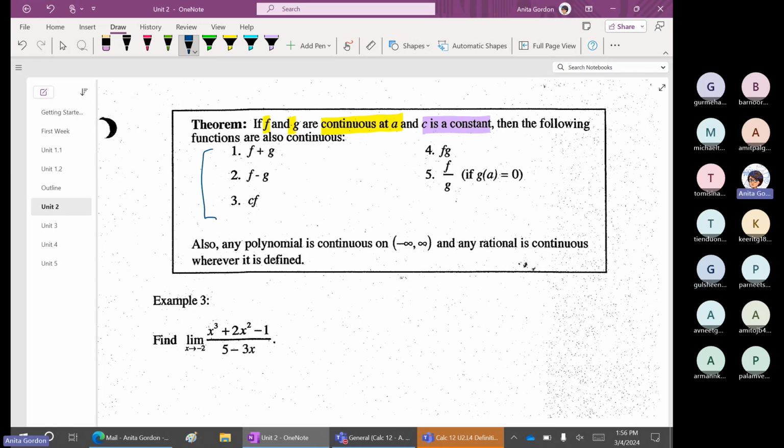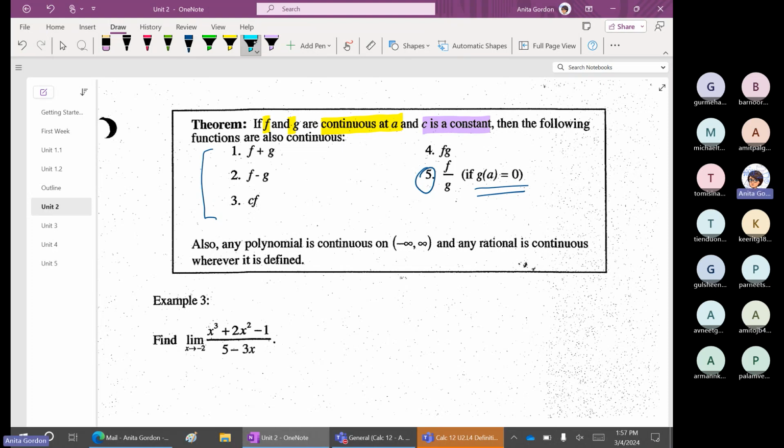Essentially all of them, with the exception of number 5, where even if it is defined, as long as the g function is not 0. In the quotient, it's continuous as long as we have a nonzero denominator.